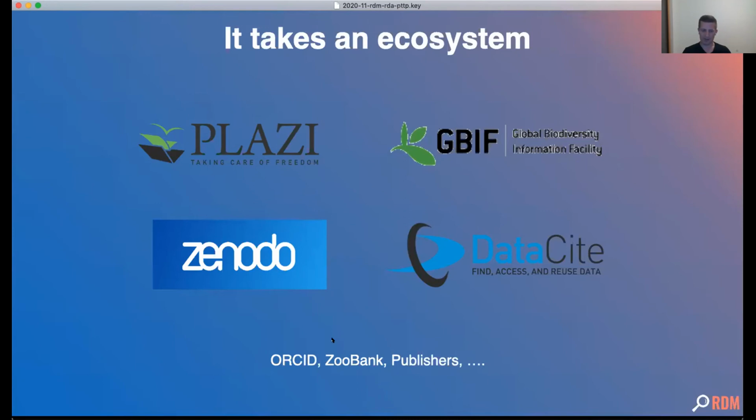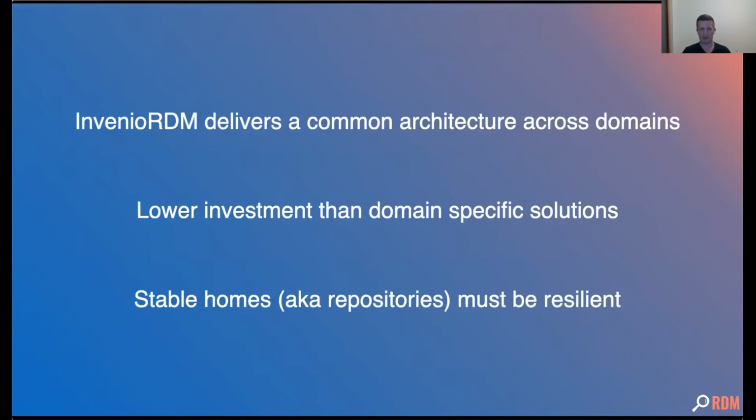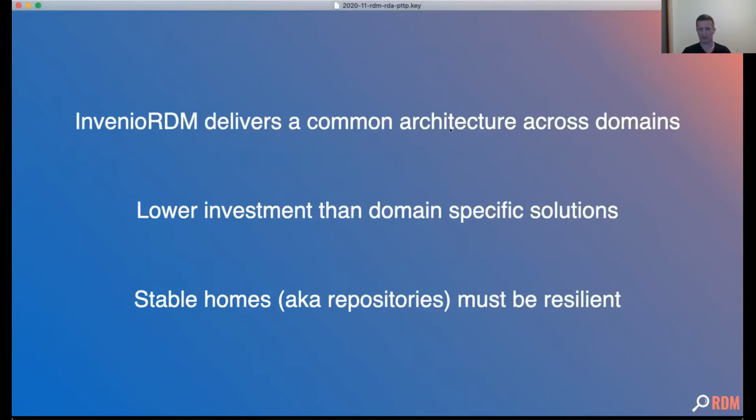So InvenioRDM is just one part of this that allows you to participate in a big common infrastructure that actually works across many domains, and allows you to build a domain-specific solution with significantly lower investment, because you're able to reuse a lot of the existing stuff.